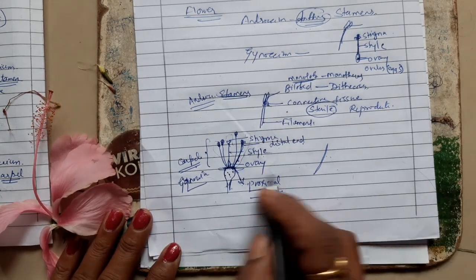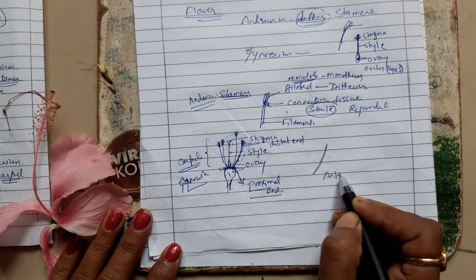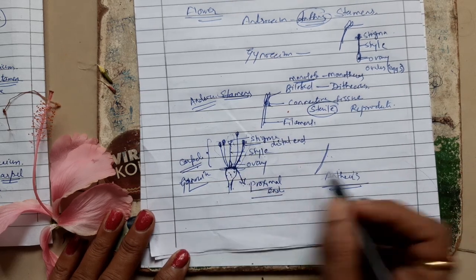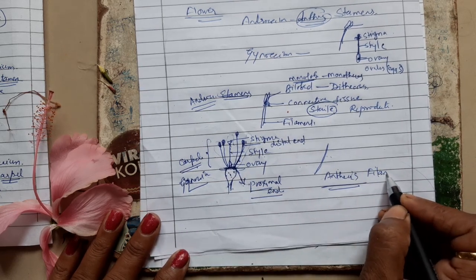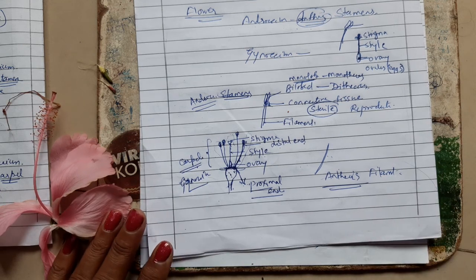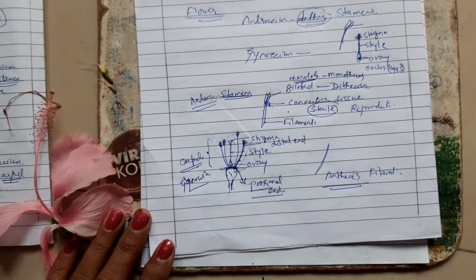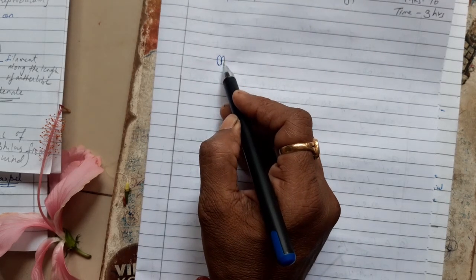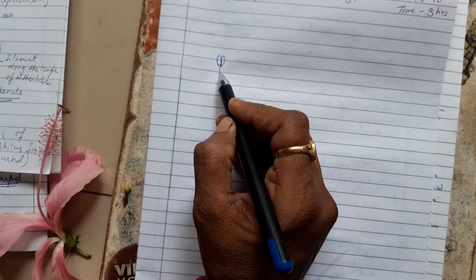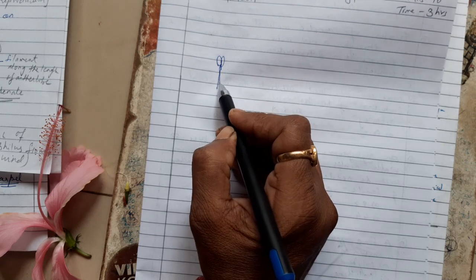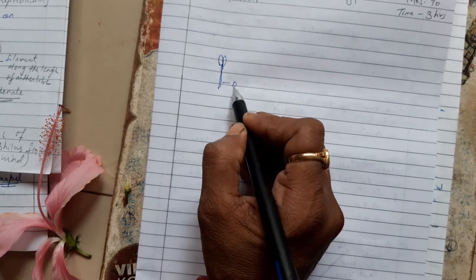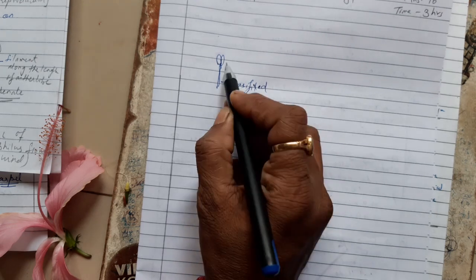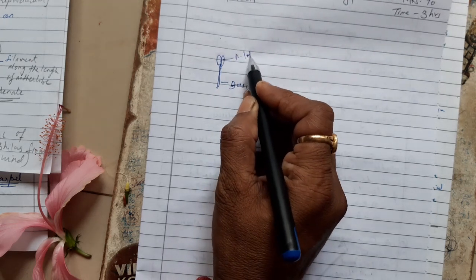Now we will see some different types of anthers based on the attachment of the filament. If the filament is attached at the base, then it is called basifixed. These are anther lobes.